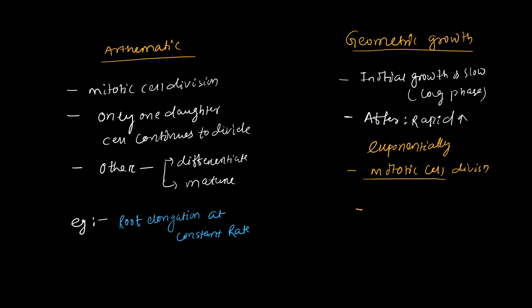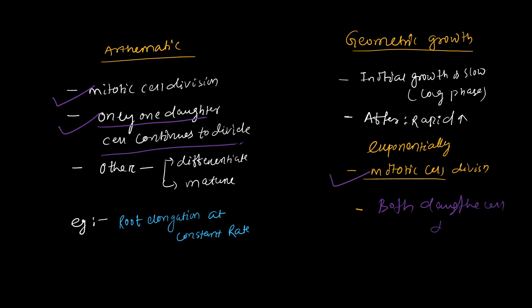Arithmetic growth is due to mitotic cell division, and geometric is also mitotic cell division. Here only one daughter cell continues to divide, but here both daughter cells divide.